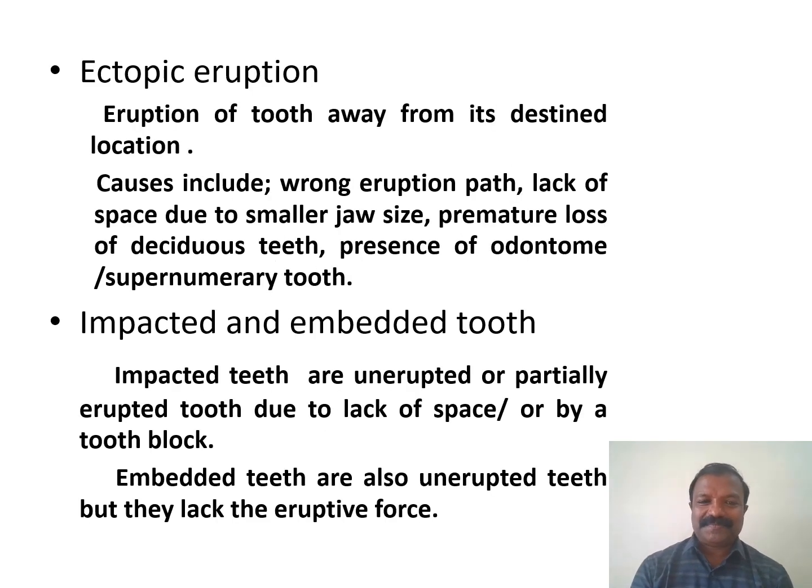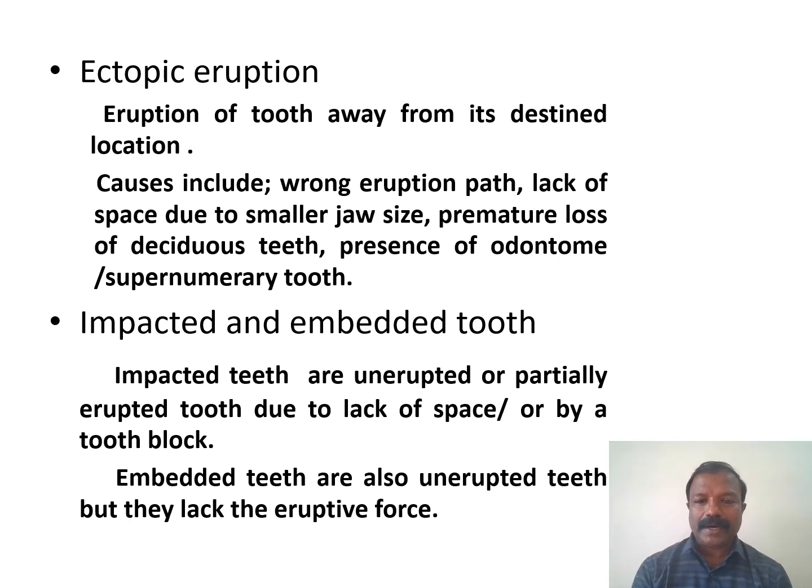Ectopic eruption. The eruption of a tooth away from its destined location. The reasons include a wrong eruption path, lack of space due to smaller jaw size, a premature loss of deciduous teeth, the presence of odontome or supernumerary tooth. Impacted and embedded tooth.